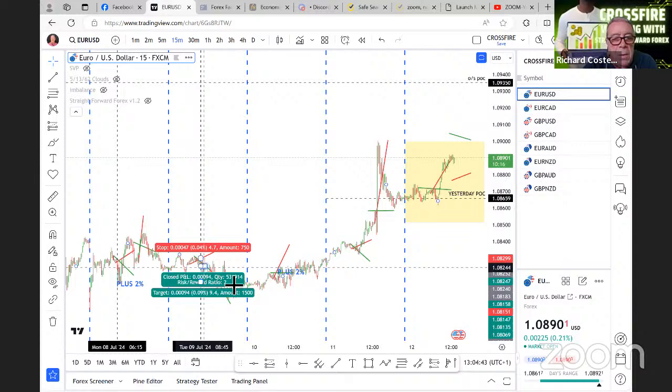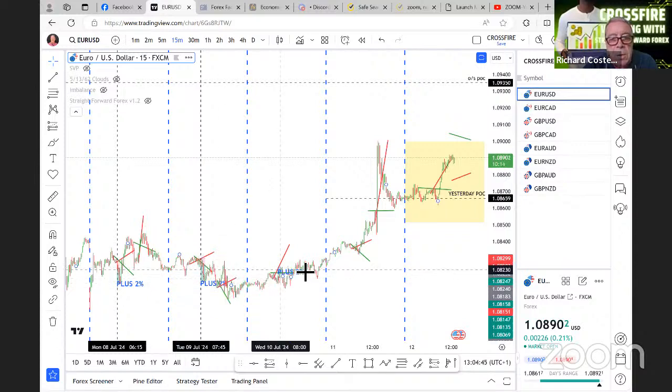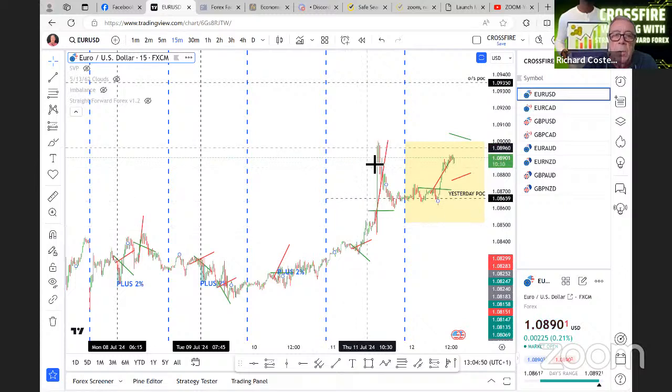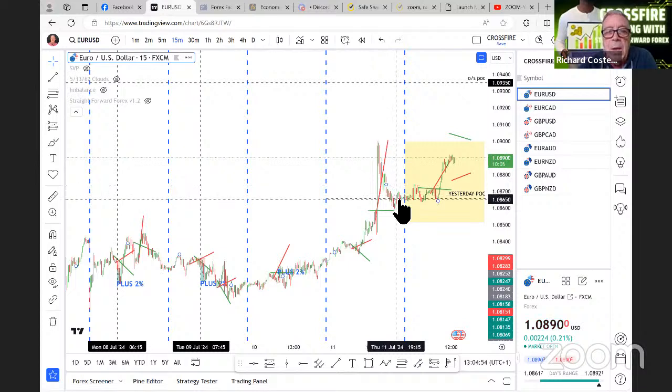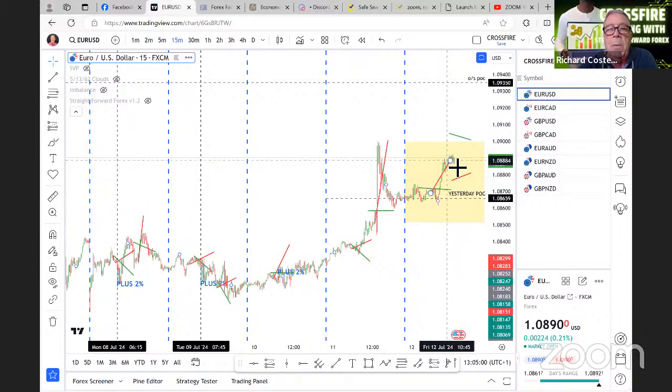Tuesday, it went down slightly. Wednesday, it started to go up. And then Thursday, it went all the way up there. Then late Thursday afternoon, it came back down again. Today, it went sideways this morning, and now it has started to make its way back up again.